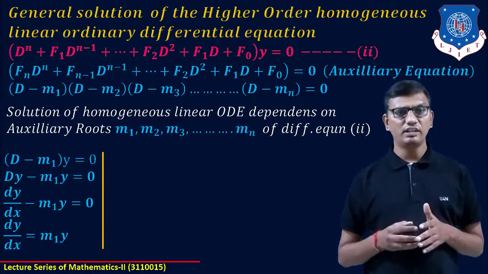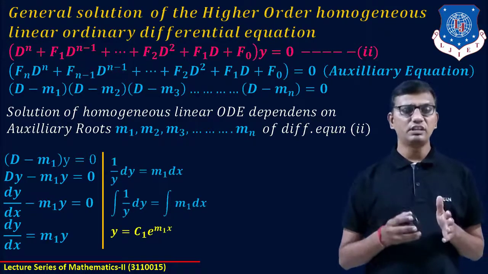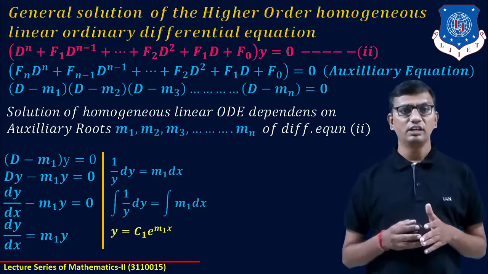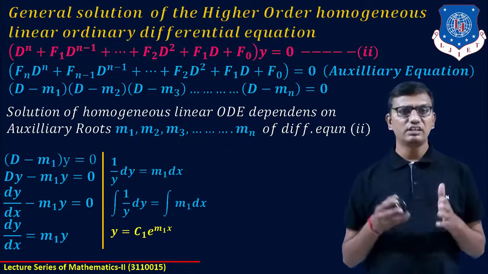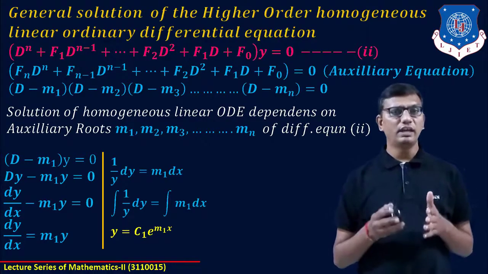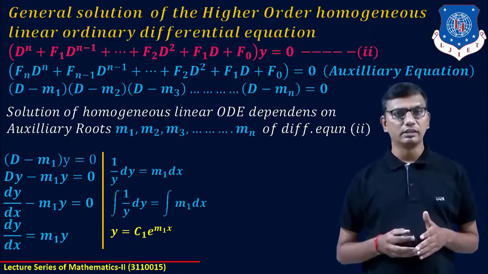That can be rewritten as 1 upon y dy equal to m1 dx. After integrating both sides, we have the solution y equal to c1 e raised to m1x. It is very easy to solve, and it comes from the separable variable method.